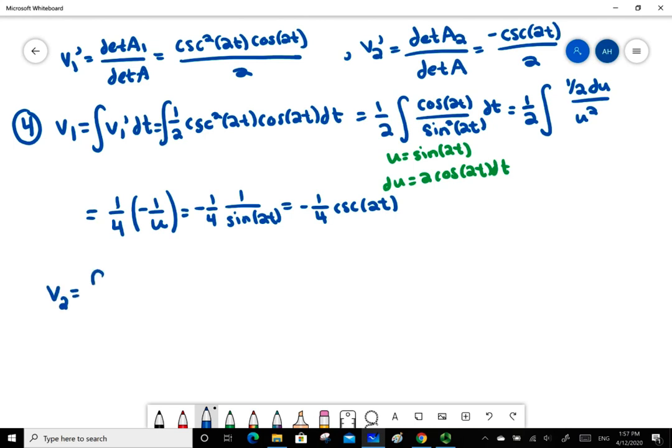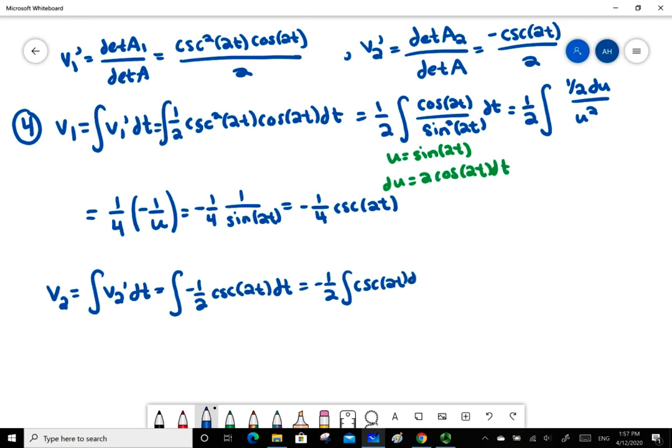v2 is the integral of v2' with respect to t, so the integral of -1/2 csc(2t) dt equals -1/2 the integral of csc(2t) dt. This time I'm going to let u = 2t, du = 2 dt to rewrite this integral as -1/4 the integral of csc(u) du.